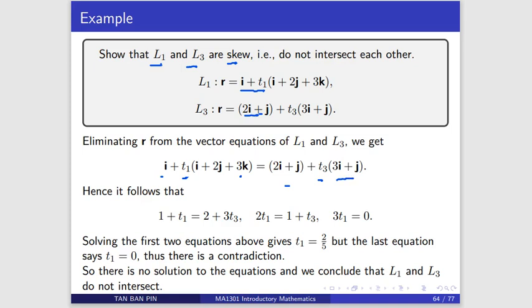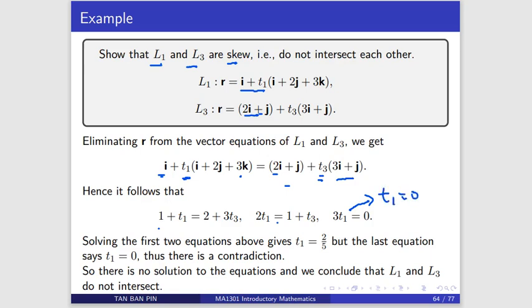And after that, you can compare the i component. It will be 1 + t1 equal to 2 + t3 times 3. Then you can compare the j component, k component. And from the k component, you already have t1 is 0.